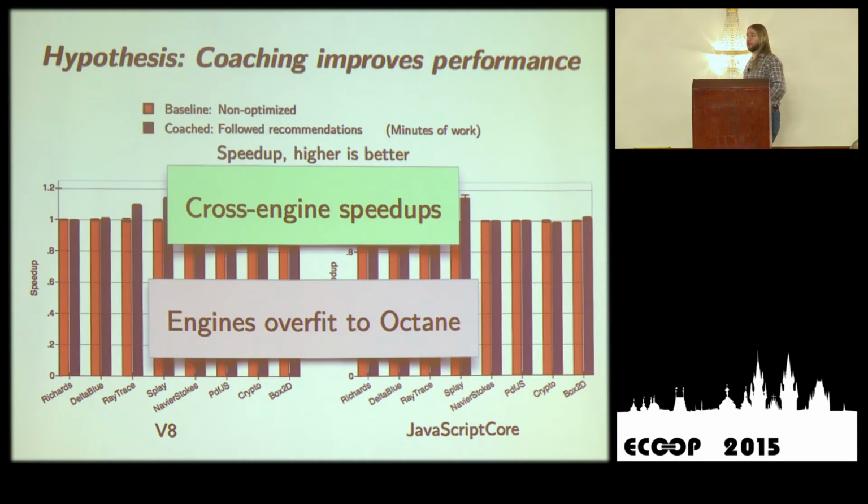Now, a secondary observation is that these are benchmarks from the Octane benchmark suite, which is the same benchmark suite that engine authors use to compare engines across each other. And as you can imagine, engines are tuned to do pretty well on these benchmarks. And so the fact that we can still find a 20% speedup there, I think is quite nice.